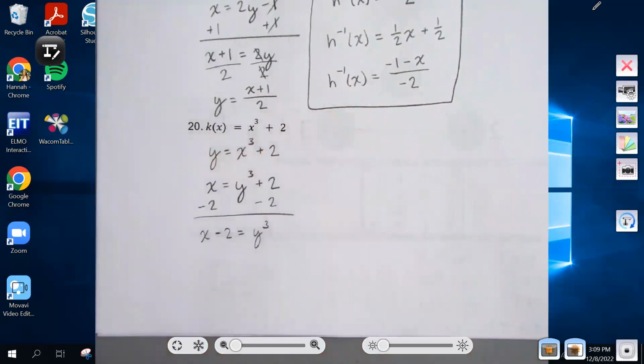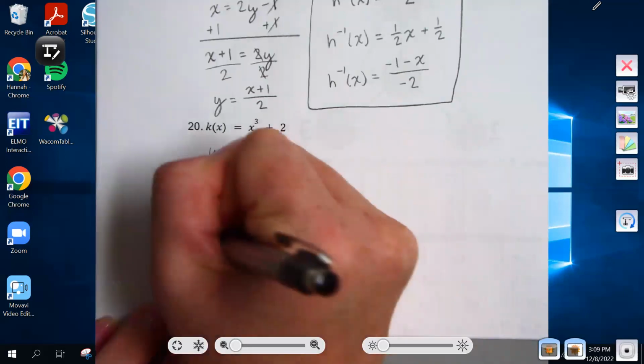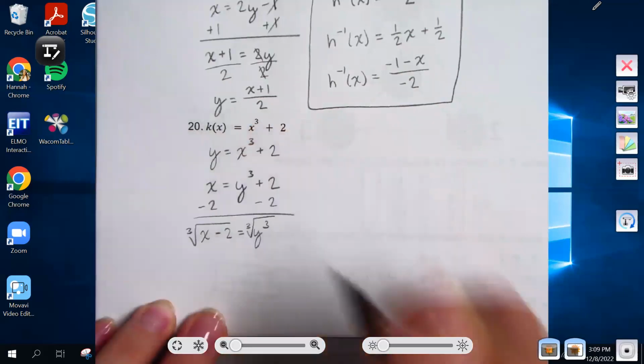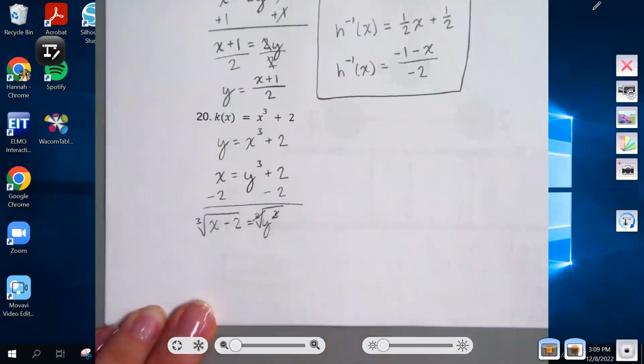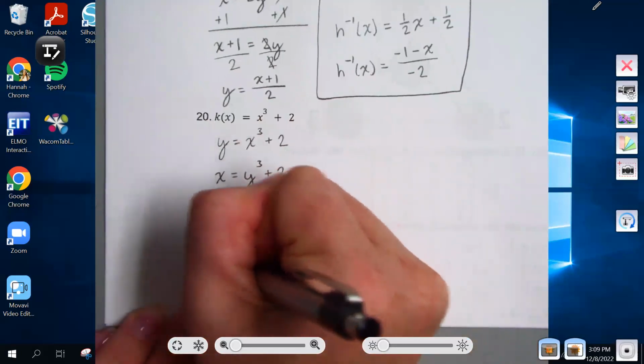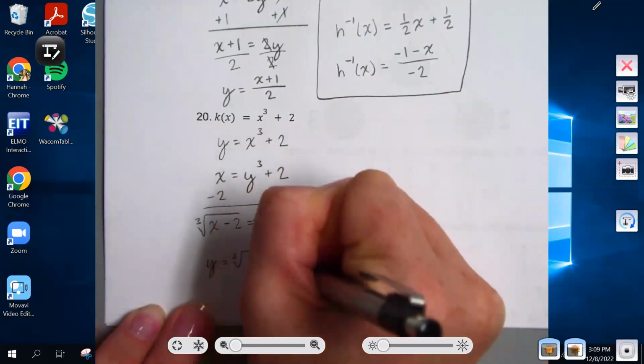So x minus 2 equals y cubed. We want to get rid of the exponent of 3 by taking the cube root of both sides, because the cube root and the exponent of 3 cancel out. So we just have y equals the cube root of x minus 2.